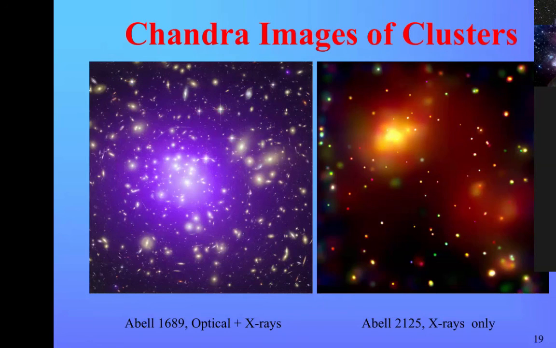We always assume hydrostatic equilibrium. It's held together by the enormous gravity of dark matter, which also confirmed exactly what Zwicky was saying and exactly what the X-ray astronomers were saying. In these clusters, which are ensembles of huge numbers of galaxies, most of the mass, most of the gravity, more like 95% of the mass, is dark matter.